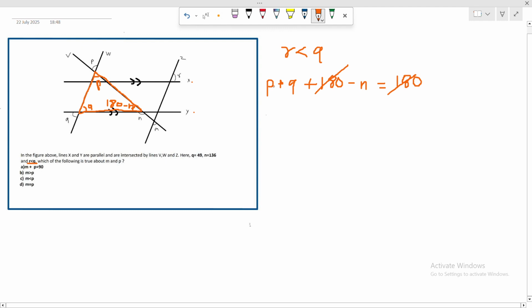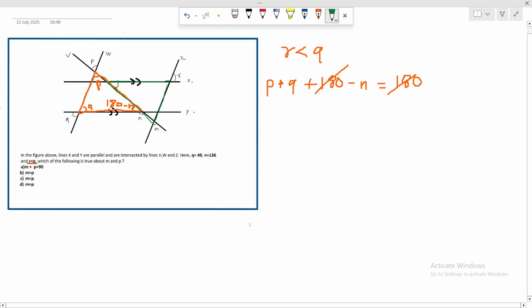Similarly, we can do this process on this triangle, which is looking very interesting as well. Let's do this. I painted this green. So this is r, right? And this is m, which will be a vertically opposite angle. So we have to find this angle.